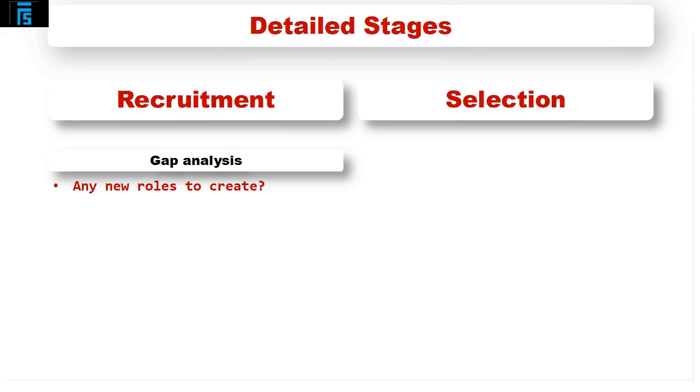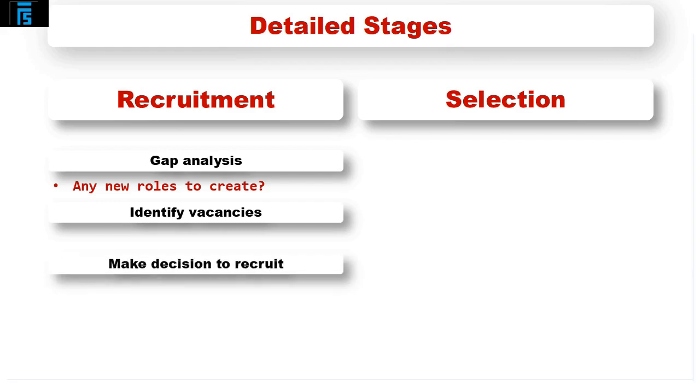That way we don't need to employ a new person. But if there is a lot of work to do, or the new job is in a different location, then obviously we will need to get a new person. So what we can do is identify some vacancies. We can make the decision that we're going to recruit people. As I say, your alternative is to share the work out amongst the staff you've already got.